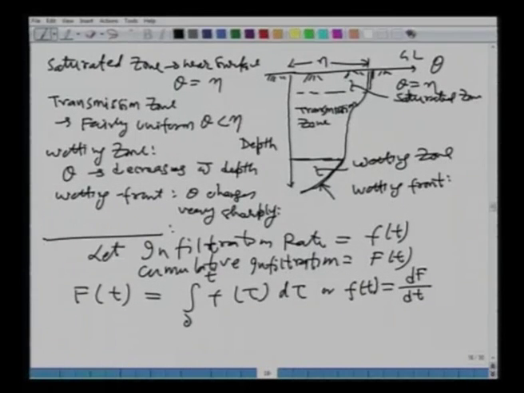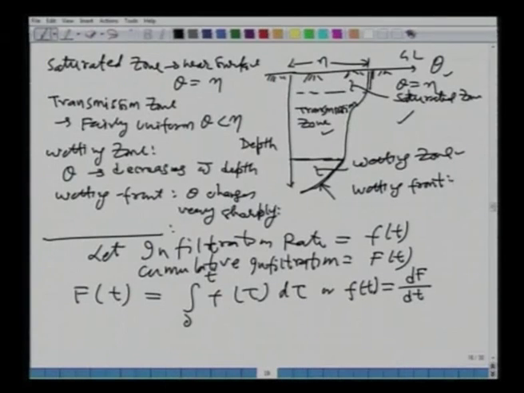Then we looked at the moisture profile as we go below the ground. This is the soil moisture profile during any rainfall event, in which we classified the ground moisture conditions into three classes. First is the saturated zone, then the transmission zone, and finally the wetting zone.